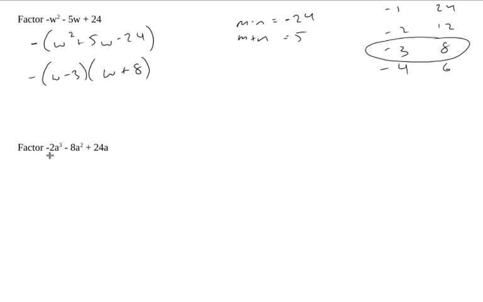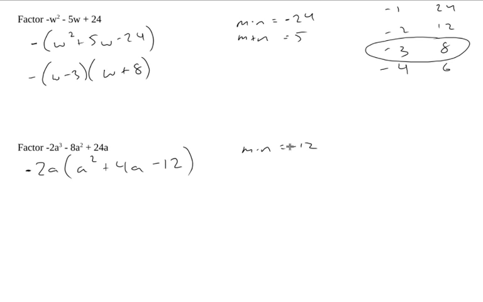Alright, looking at this one, we have a negative, so I'm going to factor a negative out. And there's also a 2 that's in common between each of the things. There's also an a. So negative 2a is my greatest common factor. So when I factor a negative 2a out of that part, or divide it out, we're left with an a squared. A negative 2a factored out of this is plus 4a. And a negative 2a factored out of that is negative 12.